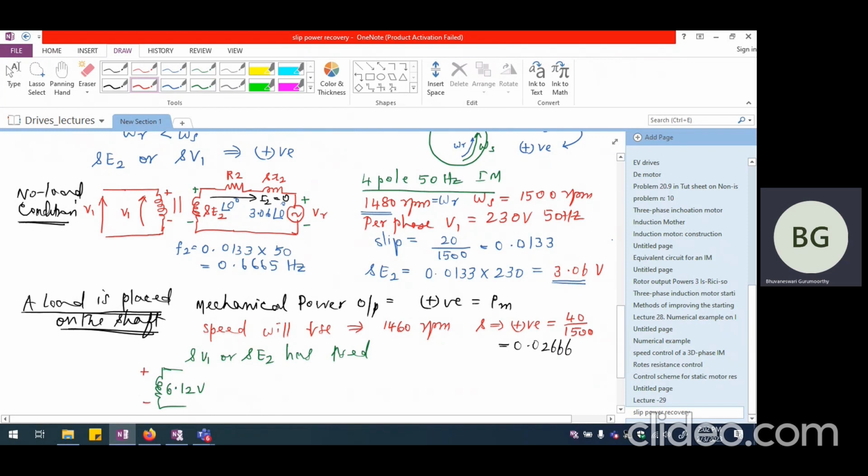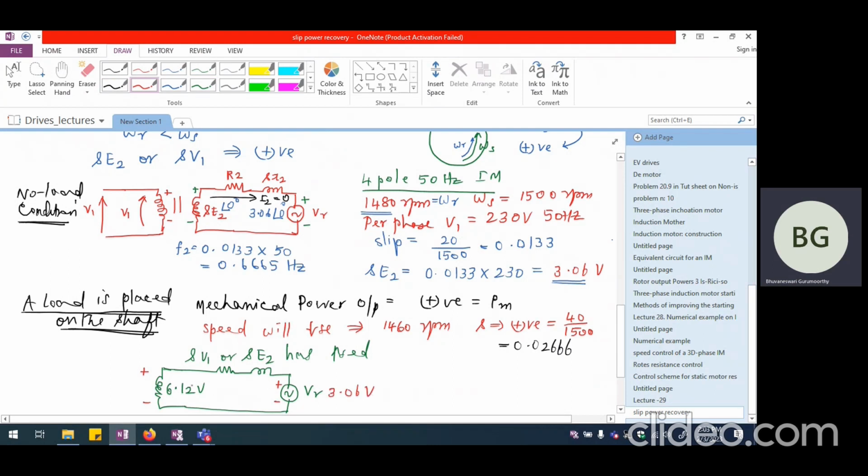Because slip is still positive, the voltage applied is also positive. Now we are going to have R2 here, S times X2 here, and we have the VR value. VR value remains the same, but the frequency needs to be adjusted. Please remember, the frequency needs to be adjusted. Now this closes the circuit here. Now this is positive and this is negative, and VR value is still 3.06 volts.